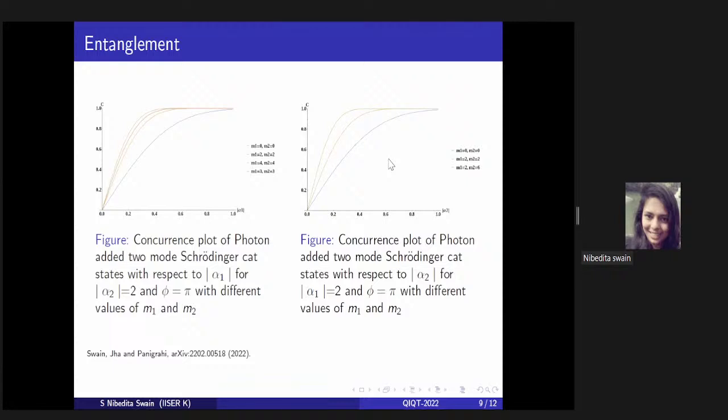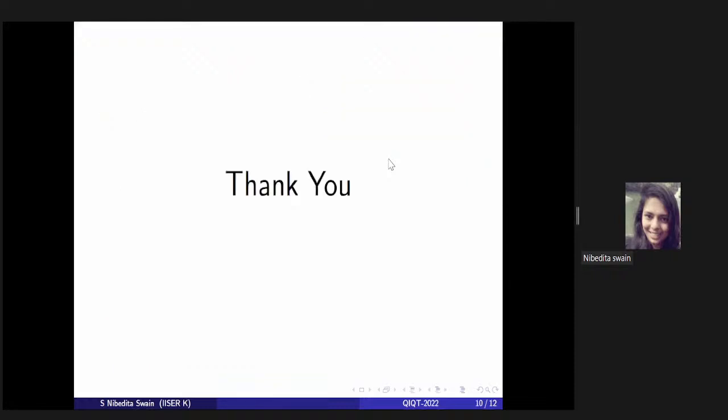So you can say that the state approaches maximal entanglement after increasing the number of photons. This is the basic overview of my work. Thank you.